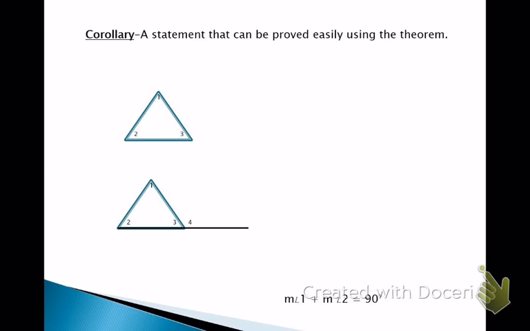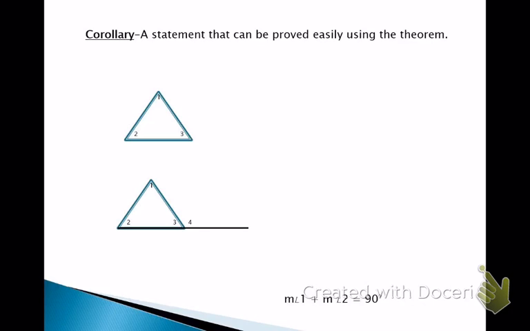Now, some theorems that involve the angle measures of a triangle. And so before we get to that, we have postulates and theorems as rules in geometry. Postulates do not need proofs. We just accept them as being true. Theorems we do have to prove before we can accept them as being true and then go use them.